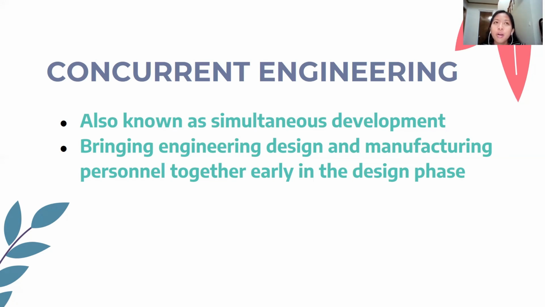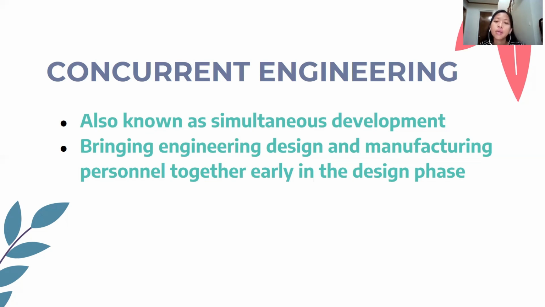So for example, kung simultaneous ang works, kunyari yung design team, they're already doing their job. Pwede na ding mag-start ang marketing team to think of ways on how they will market the products.